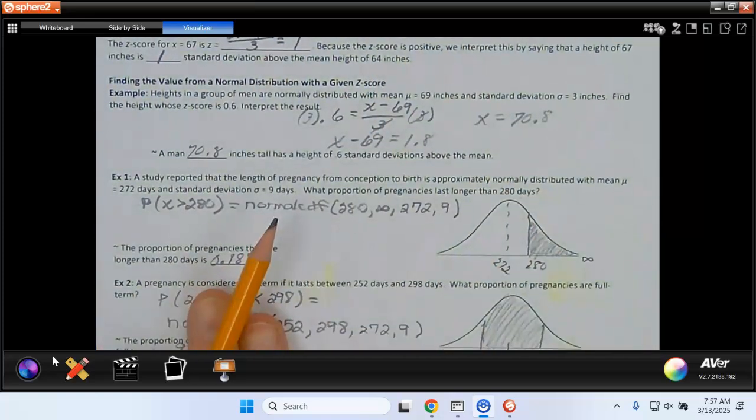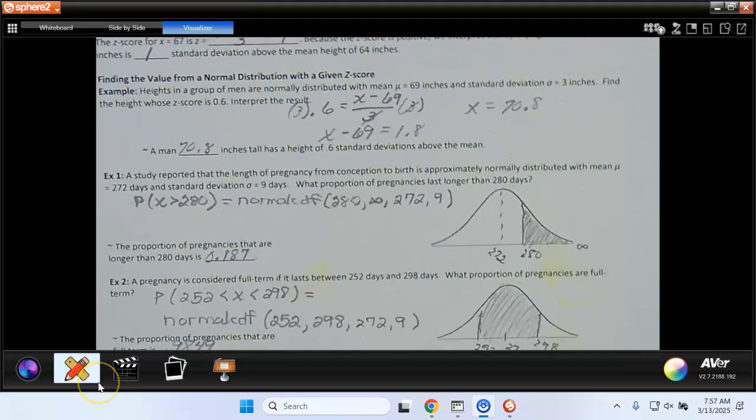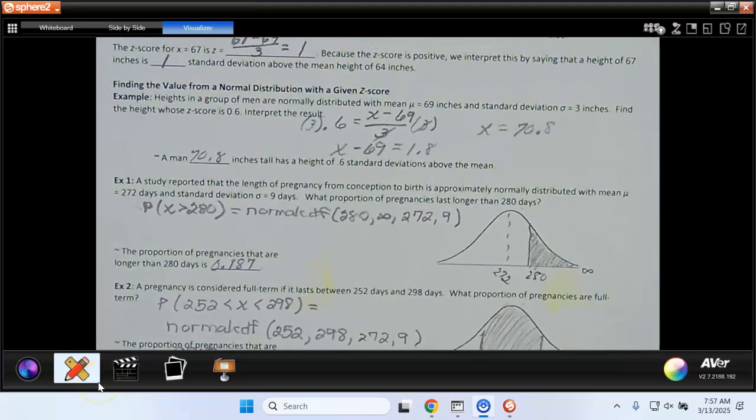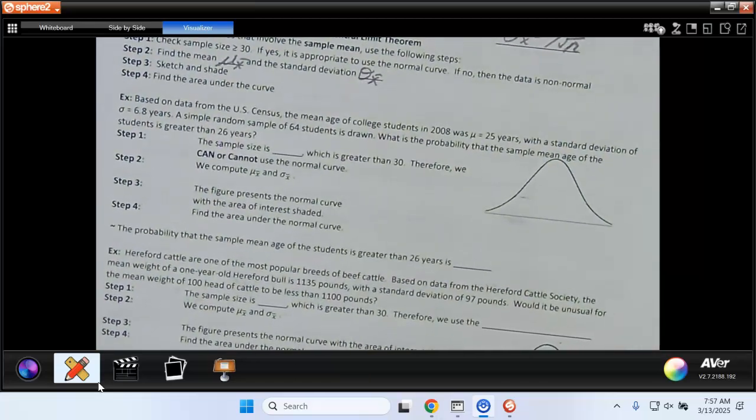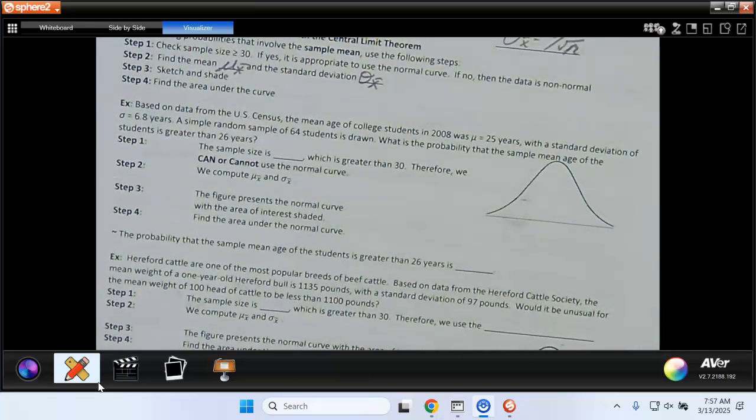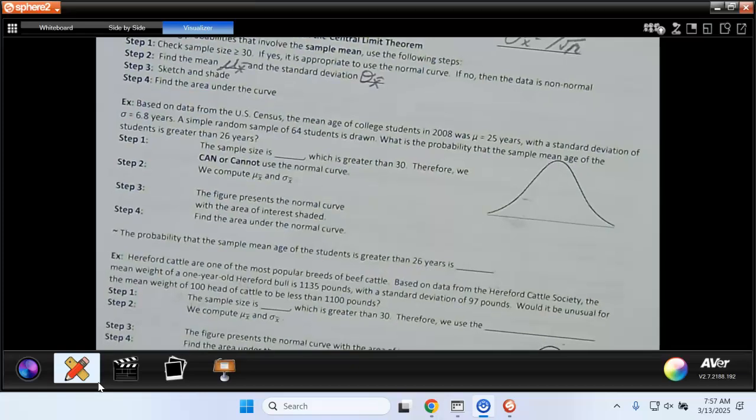If I said, what is the probability that an entire class ate more than 3,000 calories, the probability of that happening is way smaller, right? That's using the sampling distribution.